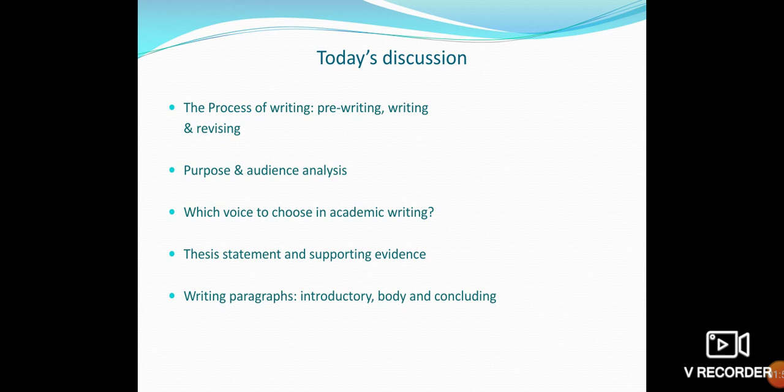In this lecture I'm going to deal with the phases in the process of writing. There are three phases: pre-writing, writing, and revising. Purpose and audience analysis and the following topics we will discuss in the coming lectures.